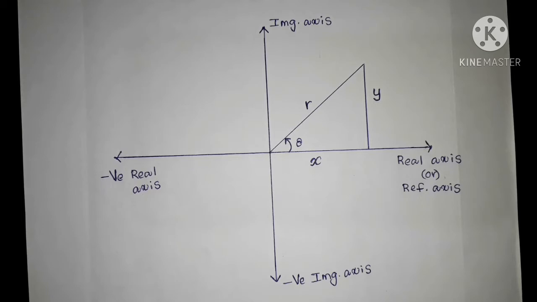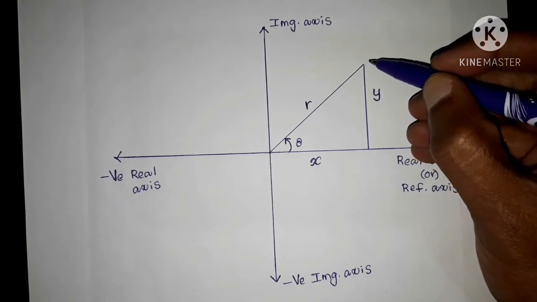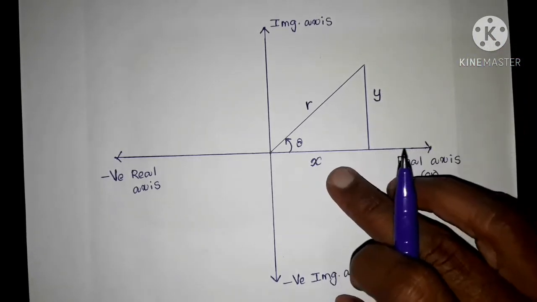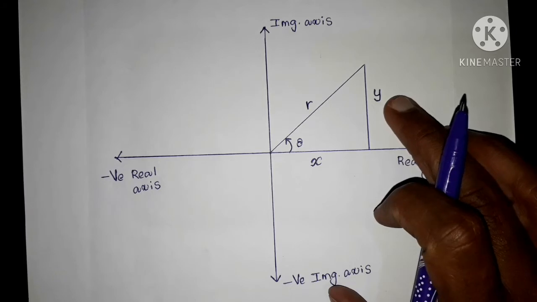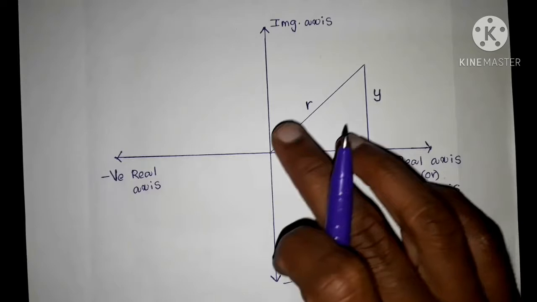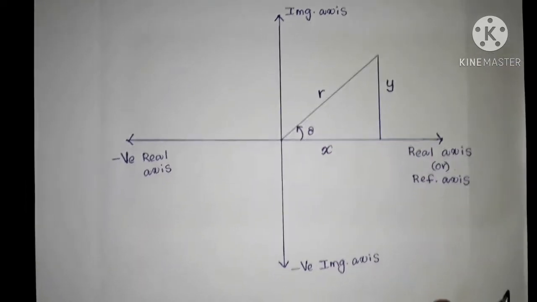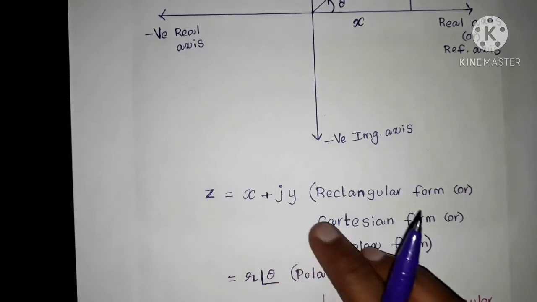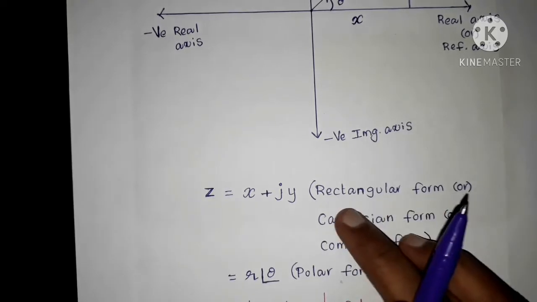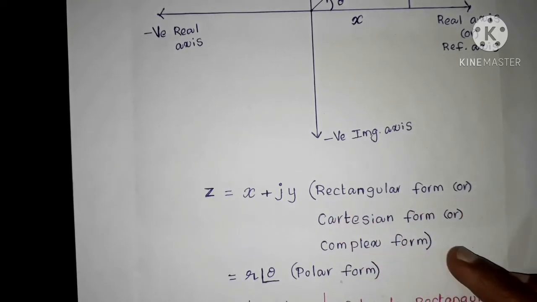If you take any coordinate, here this is a point in the plane, where x and y are the components. x is a component and y is a component, and r is also a component and theta is also a component. Here we can represent this coordinate in two ways. One is z equal to x plus jy, which is called the rectangular form or Cartesian form or complex form.